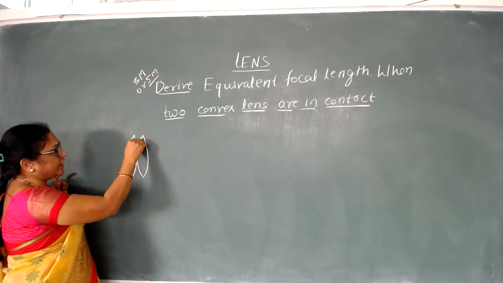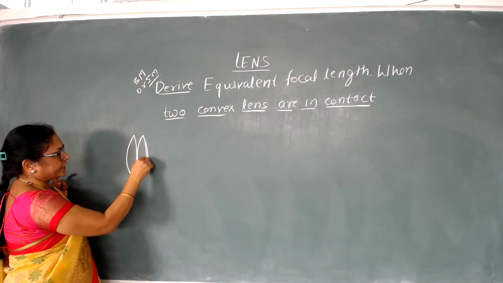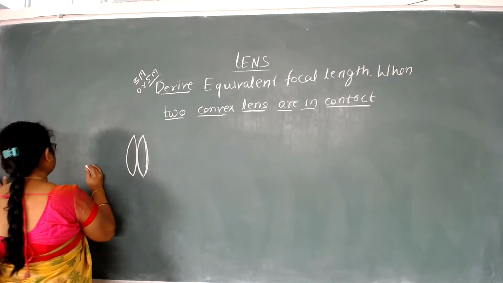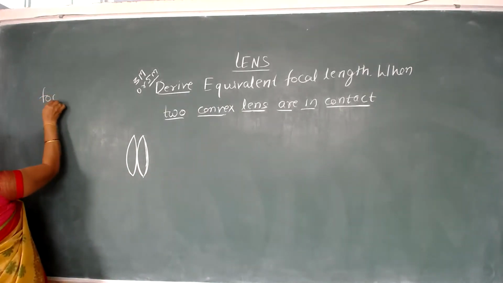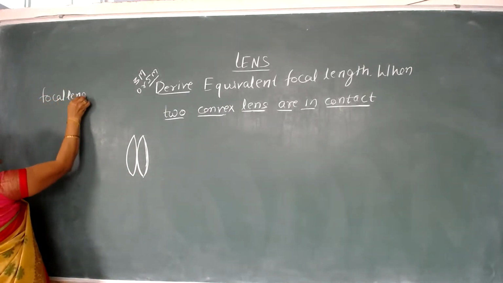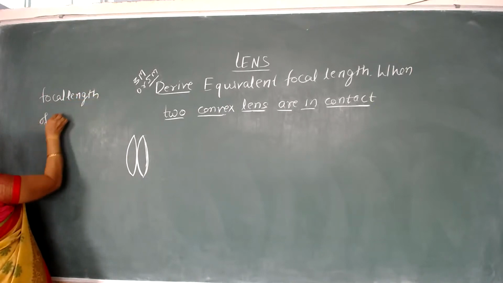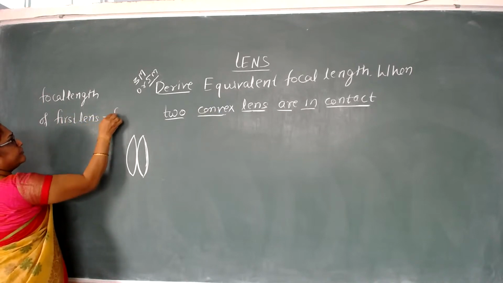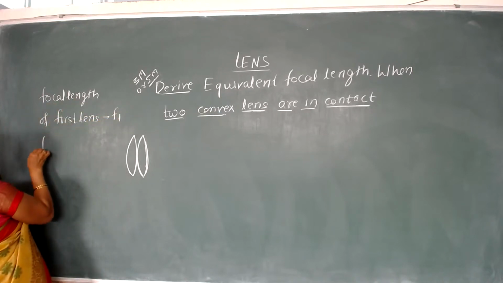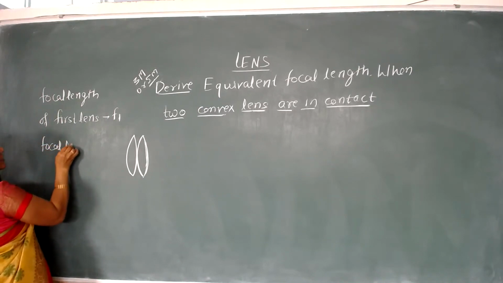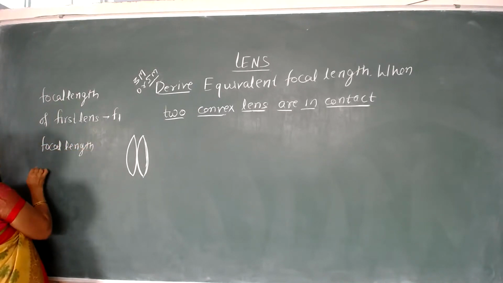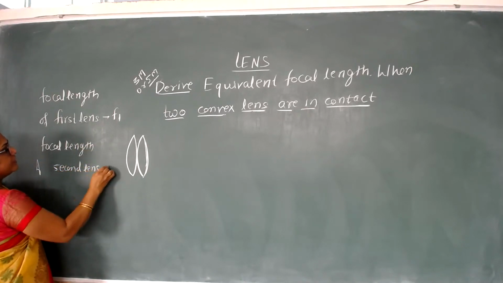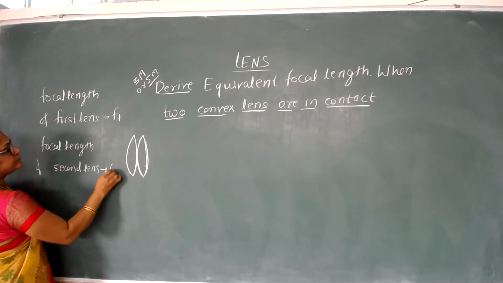The focal length of both lenses is different. If the focal length of the first lens is f1, and the focal length of the second lens is f2.